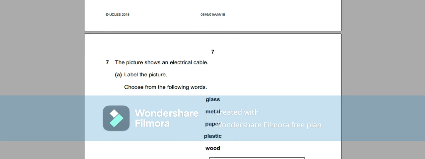Then number 7 is saying the picture shows an electrical cable. Label the picture. Choose from the following words. Okay, right. Cable cover is plastic, right?